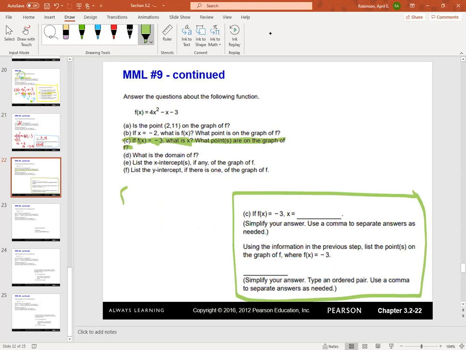So when they say f of x equals -3, that's the same thing as saying y equals -3. You are literally going to put this -3 where f of x is. So follow me. I'm going to put -3 right there.